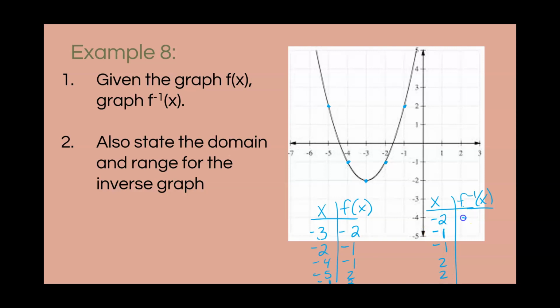And then all my x's from the original become my y's. Okay? Now we plot these points. -2, -3. -1, -2. And let's see, -1, -4. And then 2, -5.